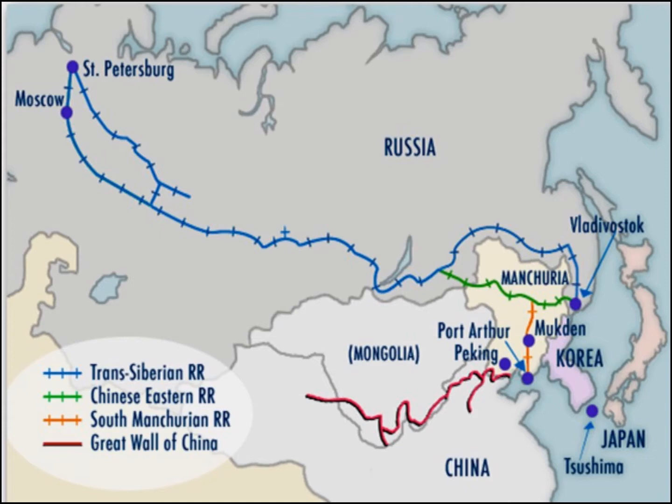You've got the South Manchurian Railroad, again, a major one that went this way. But really interestingly, to give you an idea of the sheer size of this, this pink line here is the Great Wall of China. And it takes up like a quarter of the length of the Trans-Siberian Railway. So very important, but very long.